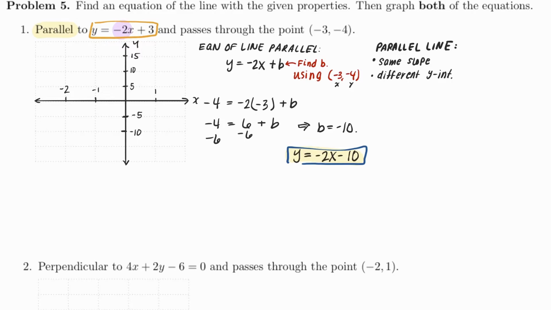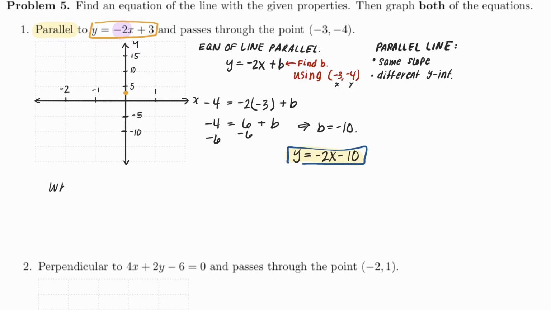So to graph y equals negative 2x plus 3, my y-intercept is 0, positive 3. So somewhere right there. And then however you want to do this, you can use rise over run to say, well, if I go up 2 and over to the left 1, then I get the next point. But just to show what's happening, I'm going to find out what the point is.